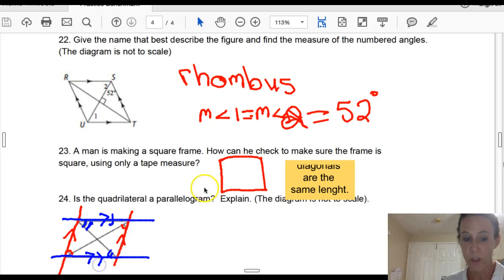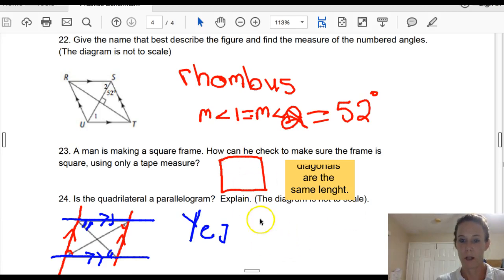So here's what I want you to say. Is it a parallelogram? Yes. Here's the reason. And I'm going to type it again because this thing doesn't let me write very well. You would say, and I lost my text box. Alternate interiors are congruent.